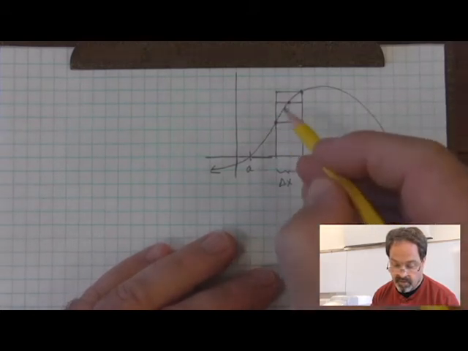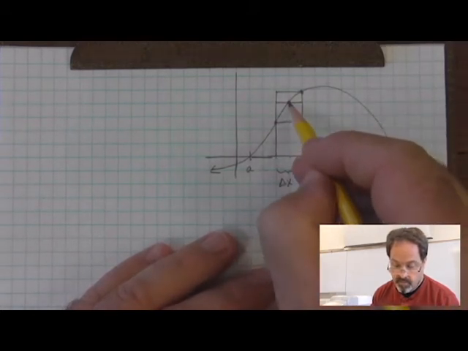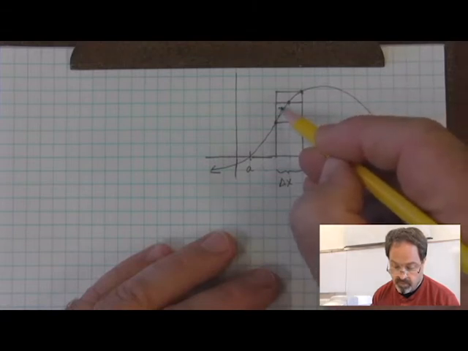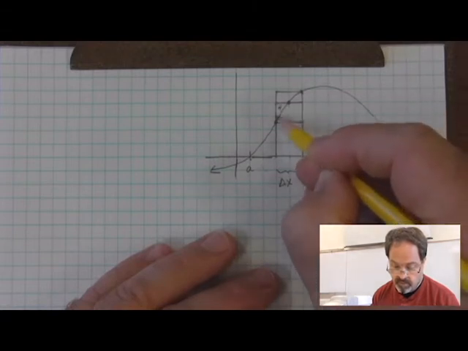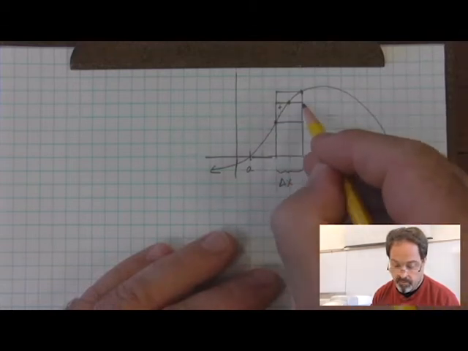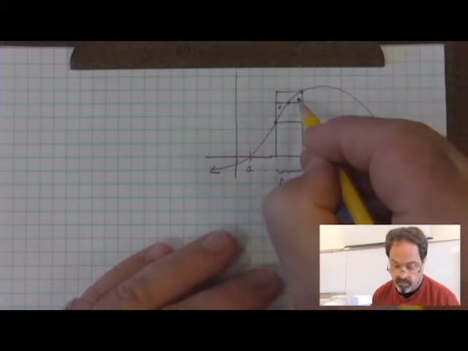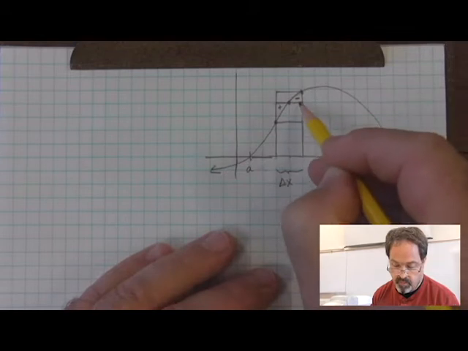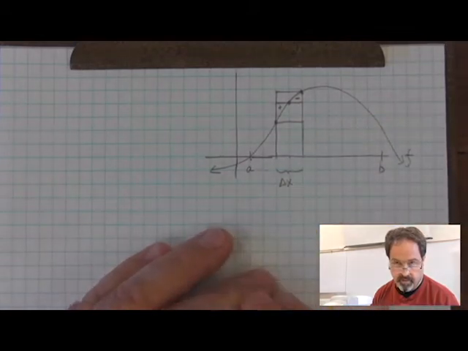then we can see that in this case, part of the rectangle is going to be an overestimate by the amount of area that is above the actual area, and part of the rectangle's height is going to be an underestimate because we can see that the curve goes above the rectangle height in that case.